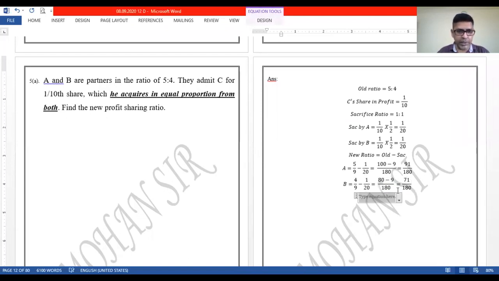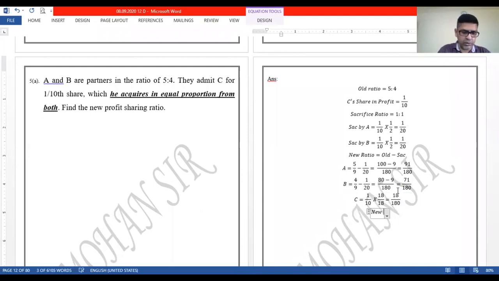So we are done with A and B. Now C's new share. So C's share is 1 by 10. Now 1 by 10 will have to be converted to 180, right? Denominator part is 180. So to convert it into 180, I need to multiply by 18, right? So it will be 18 by 180.